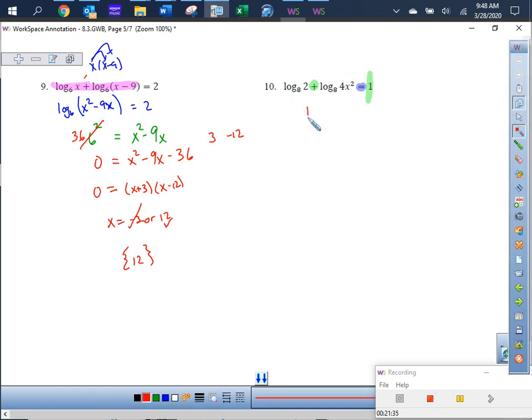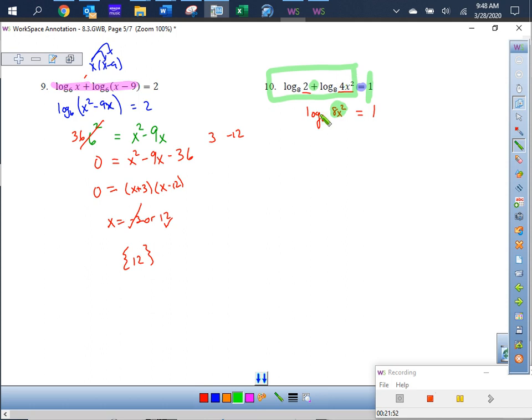So we still have the log base 8, but to condense this, we'll multiply and get 8x squared. 2 times 4x squared is 8x squared. Then the equals 1. The only thing that we have done is change this one side right here and condensed him down. Now we rewrite exponentially.